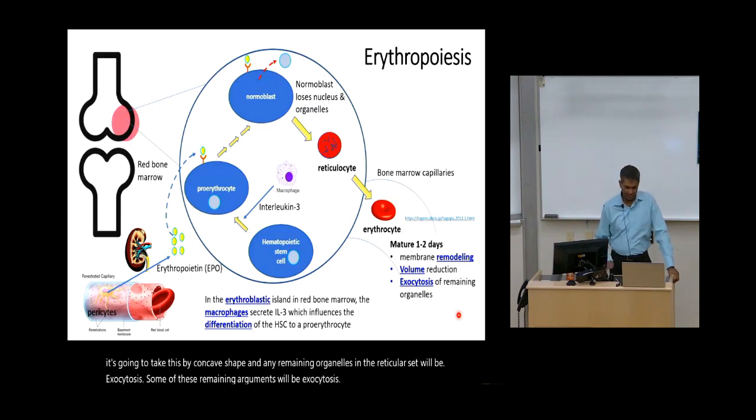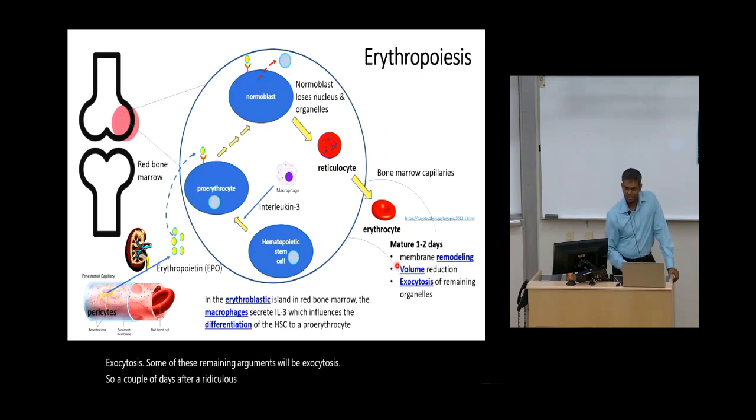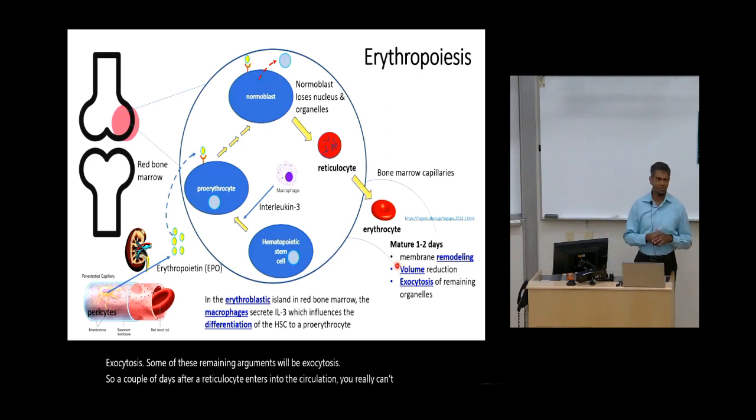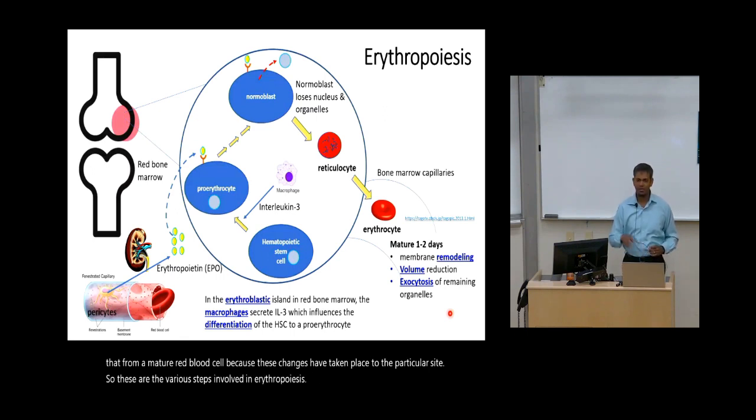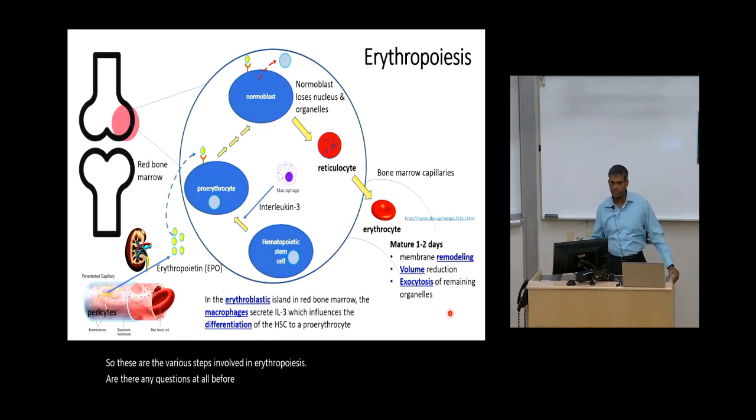So a couple of days after a reticulocyte enters into the circulation, you really can't differentiate that from a mature red blood cell because these changes have taken place. Okay, so these are the various steps involved in erythropoiesis.